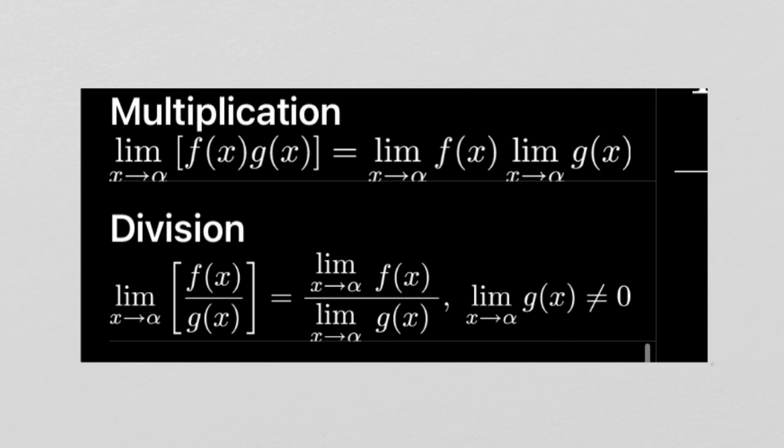The limit of a product of two functions is the limit as x approaches a of f of x times the limit as x approaches a of g of x. Same thing with division. You can take the limit of the top divided by the limit of the bottom, and you can still find the limit of the quotient, barring that the bottom doesn't equal 0.